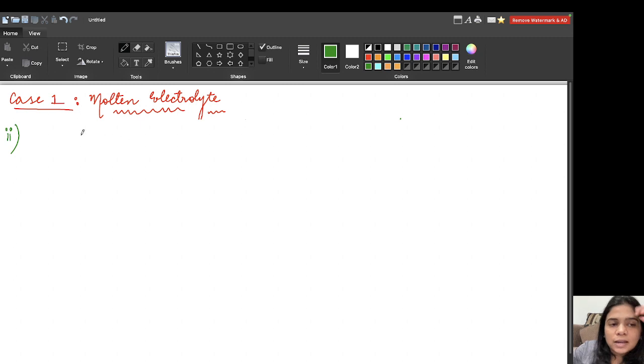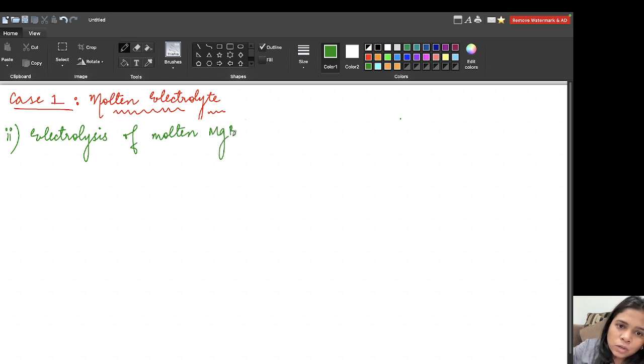We are just taking molten electrolyte. Second case we are taking is electrolysis of molten MgBr2 with platinum electrode. Electrolysis of molten MgBr2. You know the setup now, right?